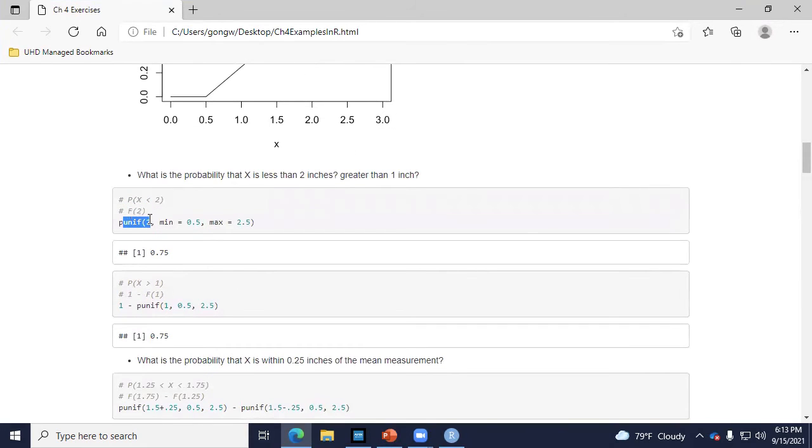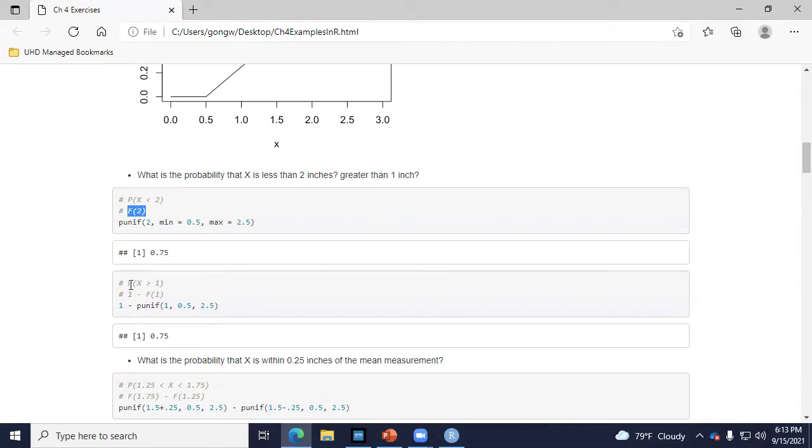Yeah, so this is how you get this F(2). But if I ask you, what is the probability that X is greater than 1, which is P(X greater than 1), greater than is the opposite of the definition of the CDF. When we define the CDF, we define it as X less than or equal to a small x.